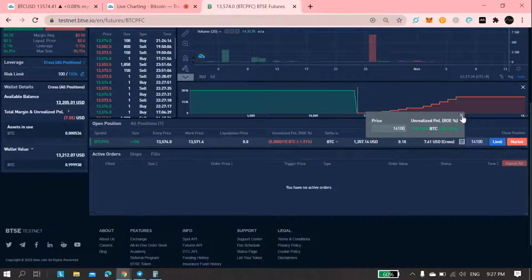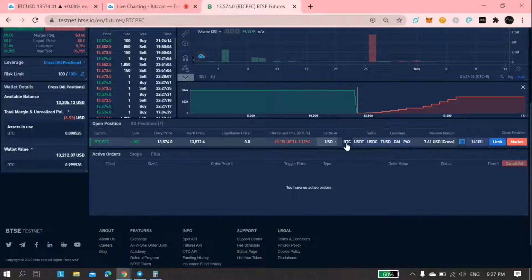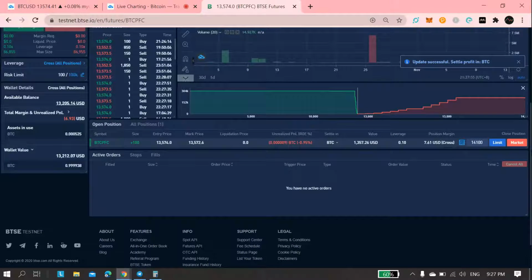Plus 300.5, or wait, let's change it to USD so that we can see how much it is in US dollars. So that's a possible $52.60 if the 14,100 TP area gets hit. Let me change it to BTC, because I want to earn BTC, not these stable coins.